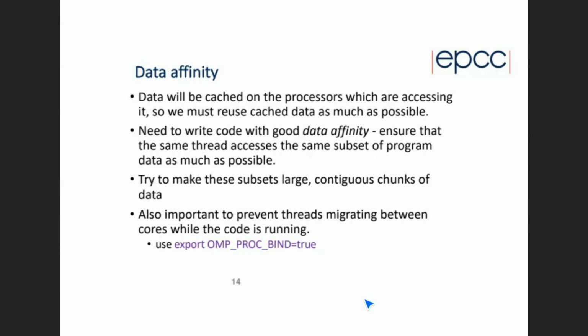But nevertheless, we still need to think not just about dividing up computations, but also about how those computations are accessing our memory, the data in the program, to make sure that, as far as possible, the same thread keeps accessing the same data. And again, we need to try and make these subsets of data sufficiently large. We can't have interleaved access at too fine a level, and I'll explain why that is in a minute.